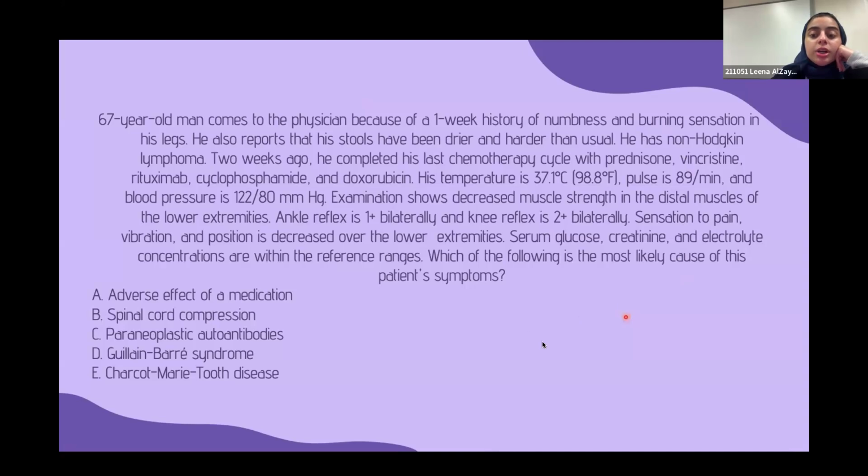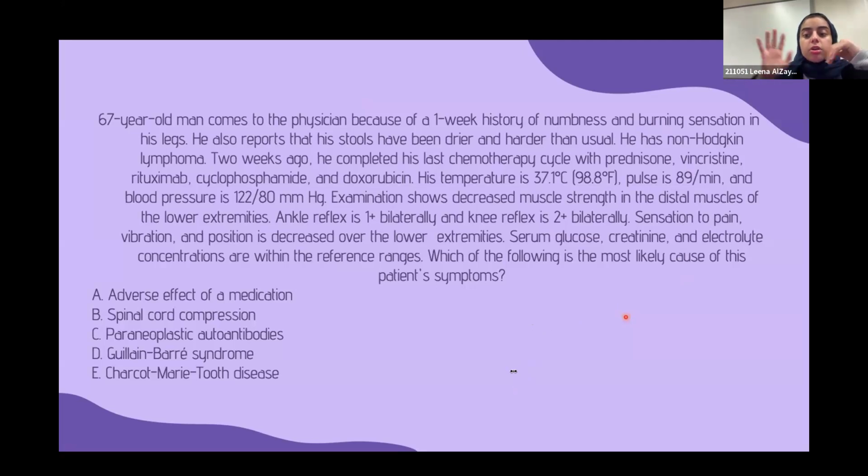So what does anyone else have? Yusuf says he thinks it's Guillain-Barré syndrome, so he thinks it's D. Does anyone have another answer before we go ahead and see the answer? According to my knowledge, it's 0 to 5, not 2+.